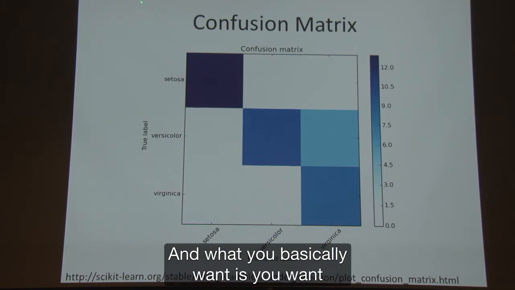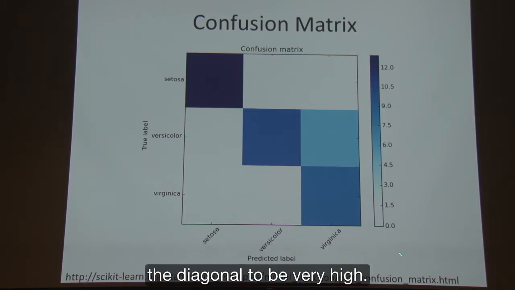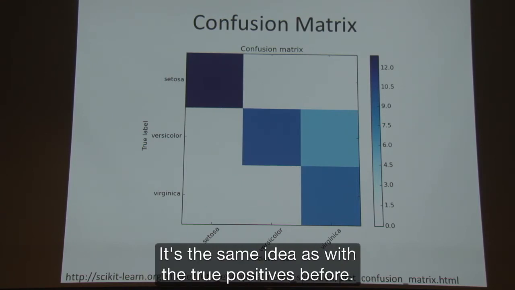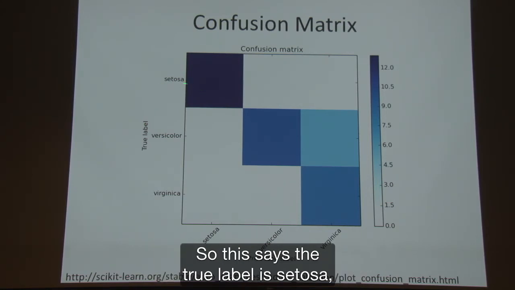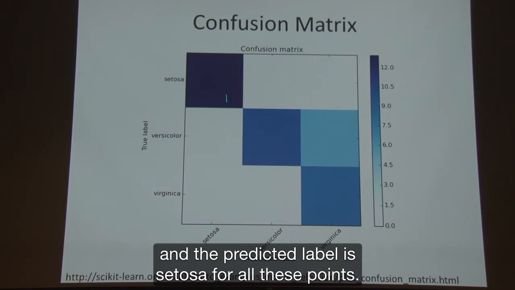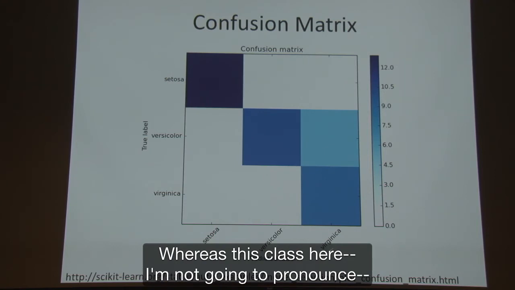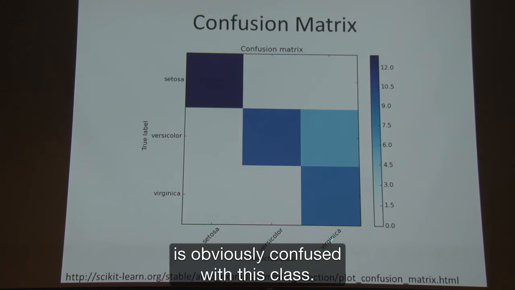And what you basically want is you want the diagonal to be very high. And you want the off diagonals as low as possible. So the same idea as with the true positives before. So this says the true label is setosa and the predicted label is setosa for all these points, and we didn't make any mistakes here. Whereas this class here, that I'm not going to pronounce, is obviously confused with this class, right?